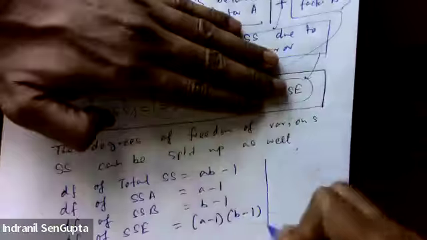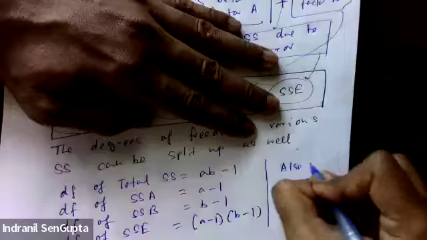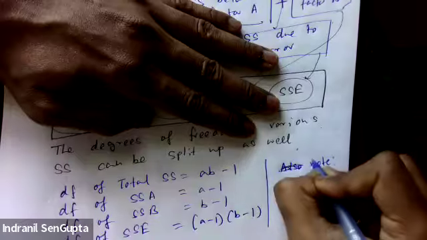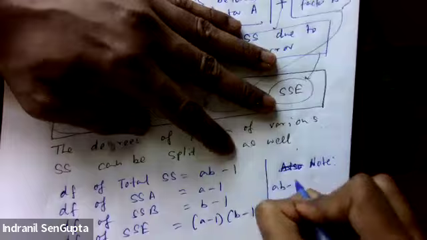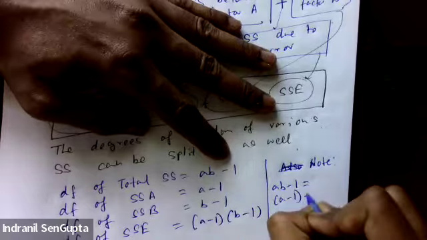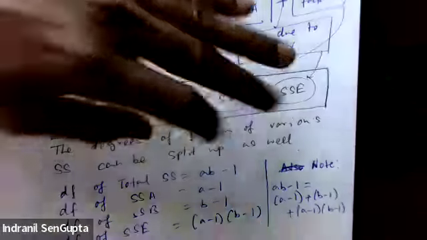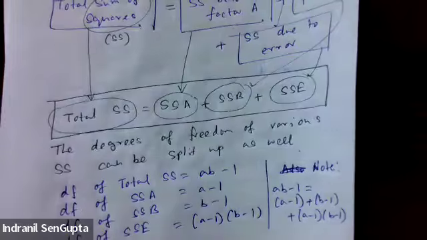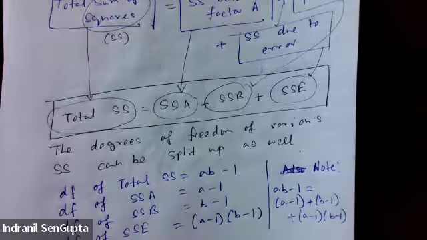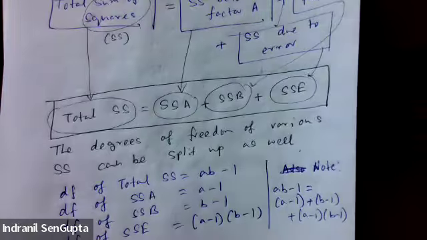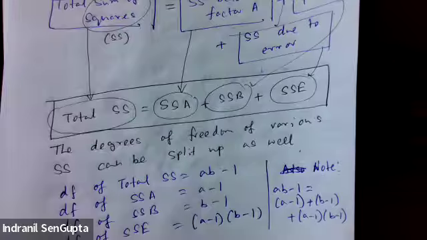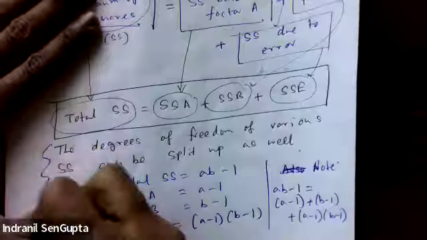And what we're just claiming here also, note that this AB minus 1 can be written as A minus 1 plus B minus 1 plus A minus 1 times B minus 1. So that means this statement holds true.